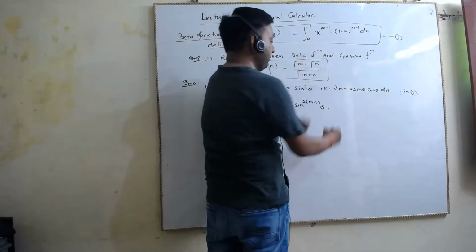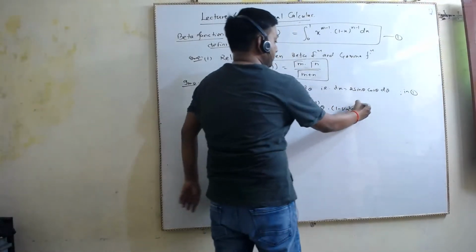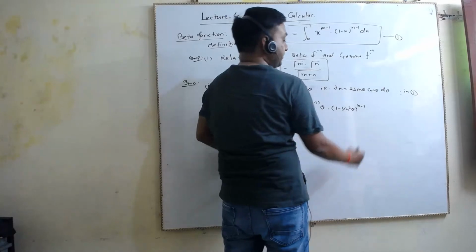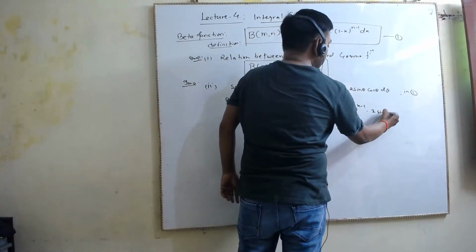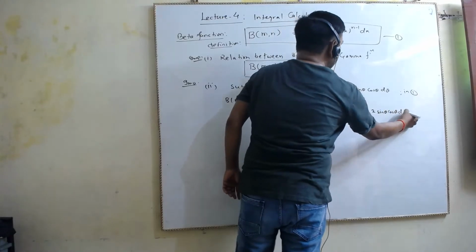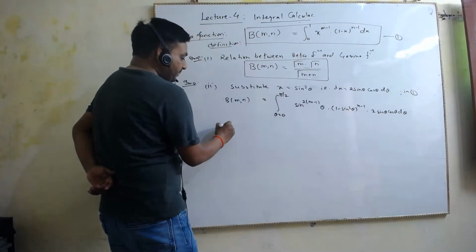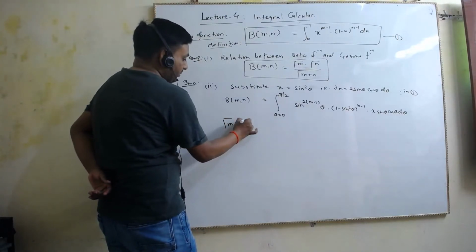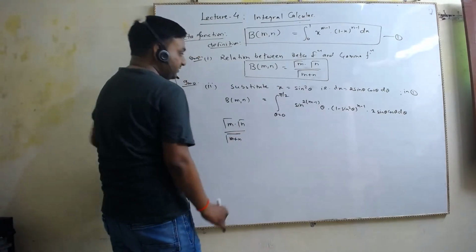Into 1 minus sin square theta, right? That power n minus 1 into dx, that is 2 sin theta cos theta d theta, right, dear fellows? So this beta mn is nothing but gamma m gamma n upon gamma m plus n.